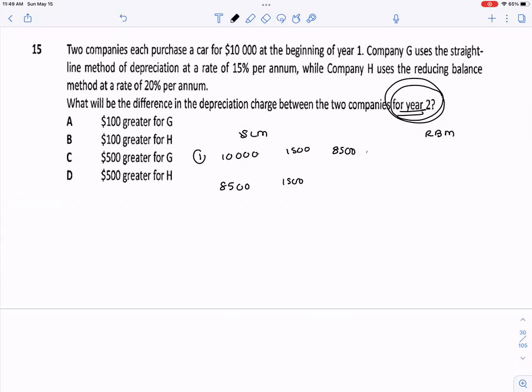Miss, H is 100 greater than G. For G it is 1,500, and for H it is 1,600 for the second year.